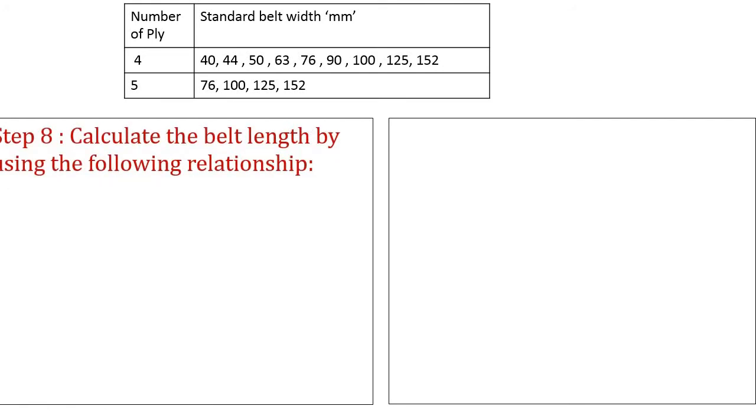Now step number 8, calculate the belt length by using the following relationship: L equals 2C plus pi by 2 times (D plus d) plus (D minus d) whole square by 4C, where C is the center distance, capital D is the diameter of the bigger pulley, and small d is the diameter of the smaller pulley.